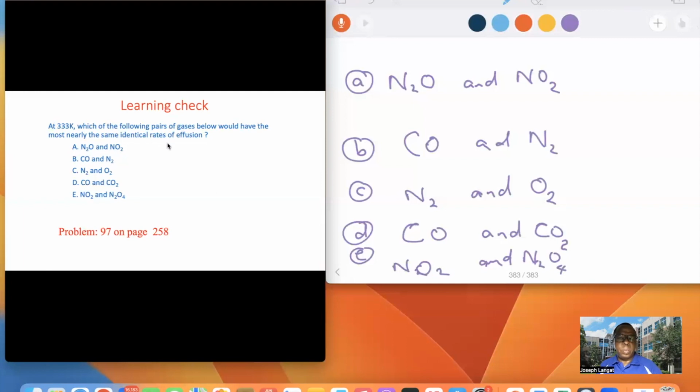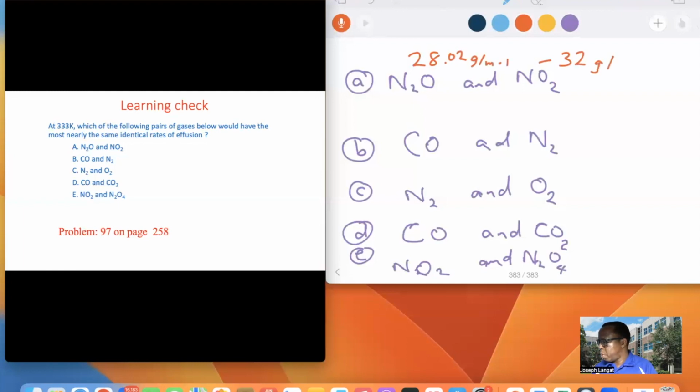Rate of effusion, moving with the energy. I'm looking at the atomic masses. This is 28.02 and this is 32, in grams per mole.